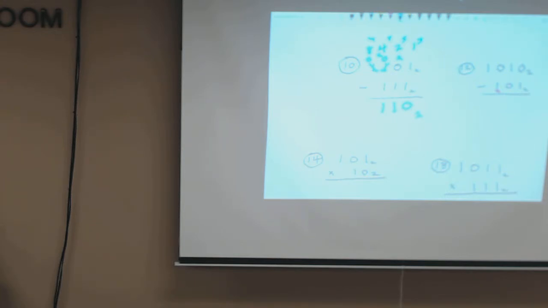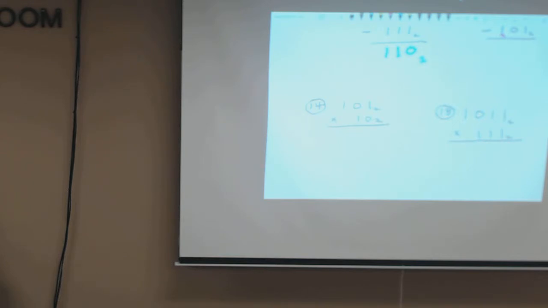So let's do some multiplication. All right, number 14. What's 0 times anything? 0. Well, that's easy enough. So I go 0 0 0. What's 1 times anything? Anything. So I move over just like we do in regular decimal. So I move over 1 0 1.